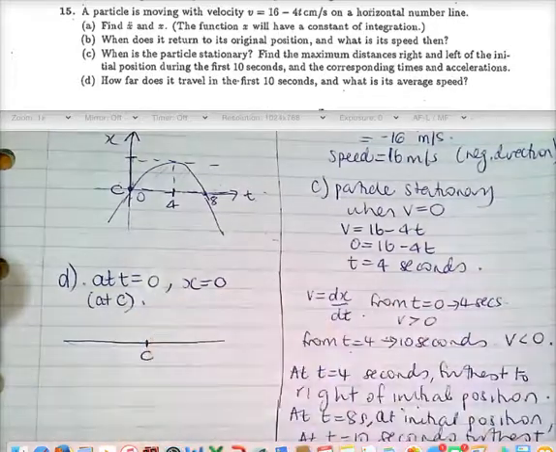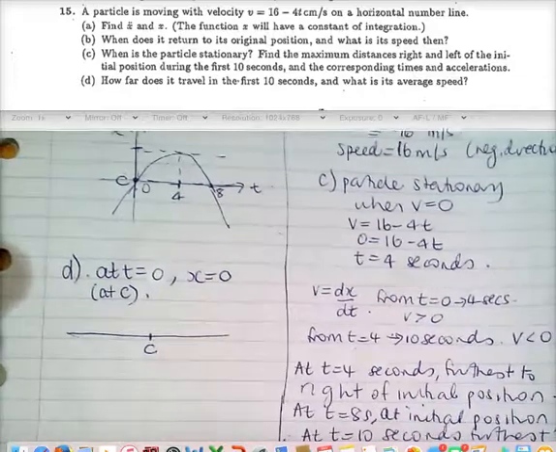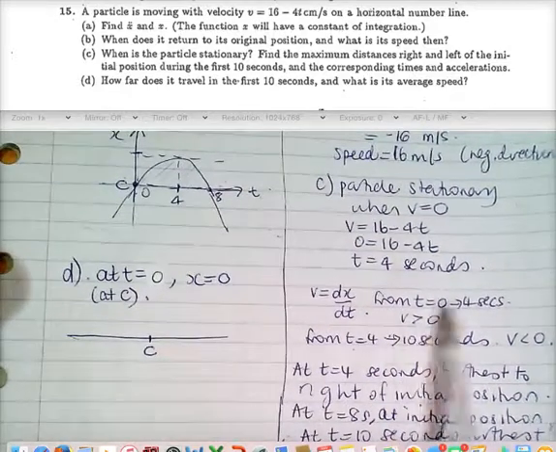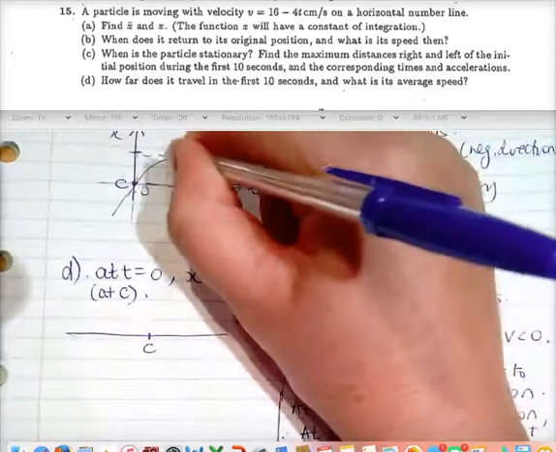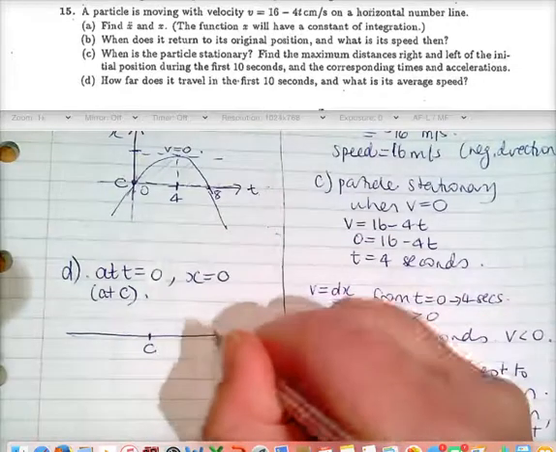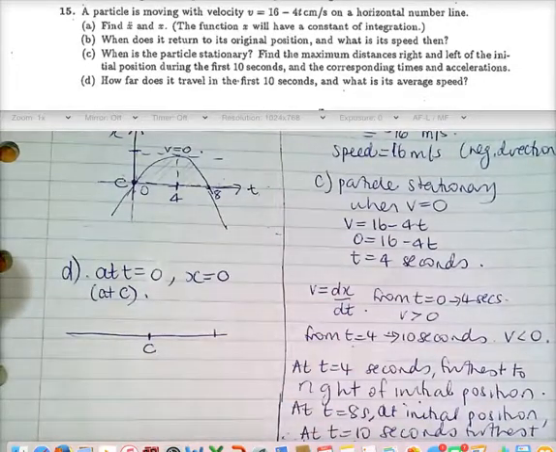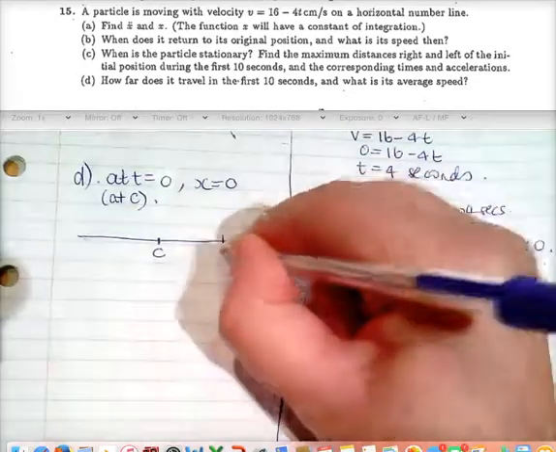It starts at C. It's got a positive velocity for the first 4 seconds. Also, something I didn't mention up here, gradient 0, velocity is 0 at 4 seconds. So it moves to a position that is 32 centimeters to the right of C at 4 seconds.